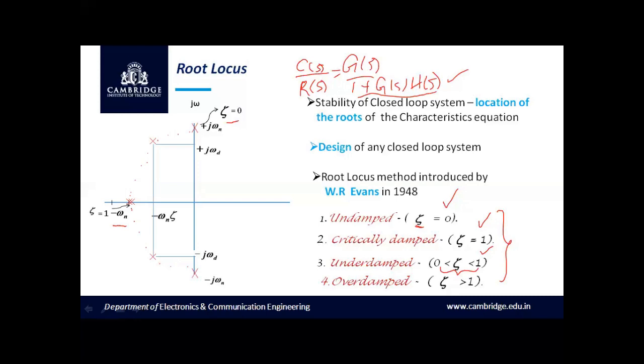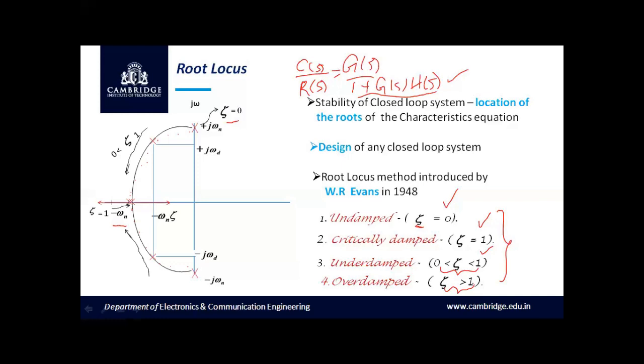And if I combine all the poles, I get exactly a semicircle. And when it is at overdamped condition, that is zeta greater than 1, we could see the movement of poles towards the positive real axis as well as away from the positive real axis. This is for the range of zeta which is greater than 1.